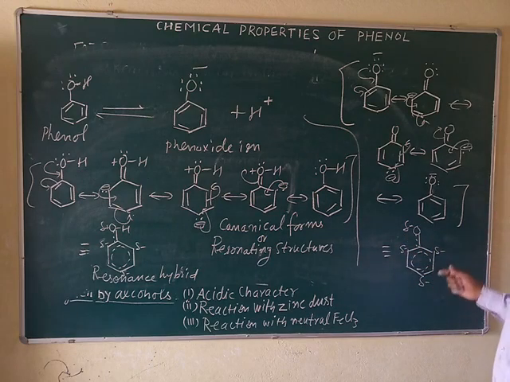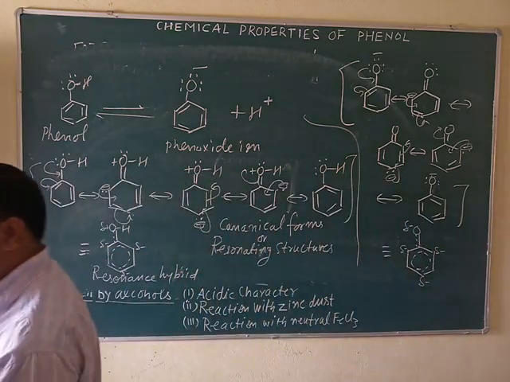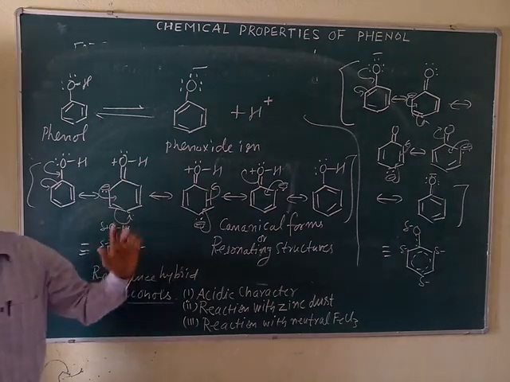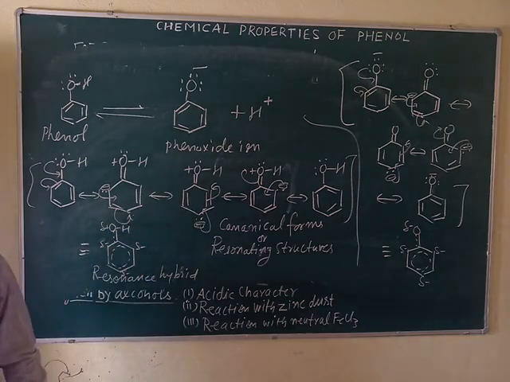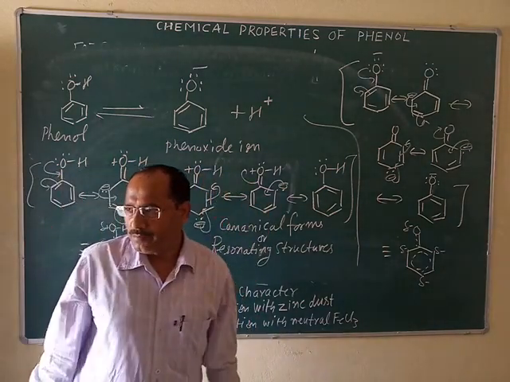That's why, because of charge separation, phenol is unstable. It has a tendency to lose hydrogen as a proton, and so it has acidic character. This is the acidic character of phenol.